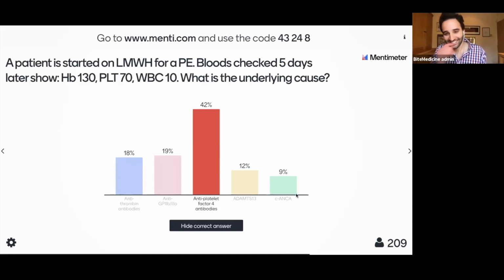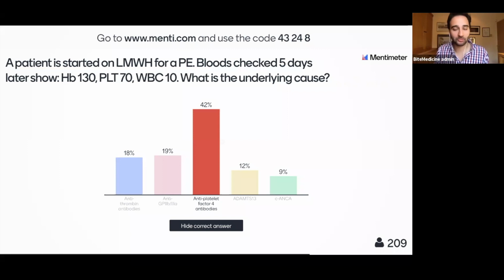Okay, so let's start with the correct answer. What we have here is heparin-induced thrombocytopenia. So normal Hb, normal white cell count, but the platelets are really low. This normally happens around day 5 in a certain group of patients after they start heparin, such as low molecular weight heparin.